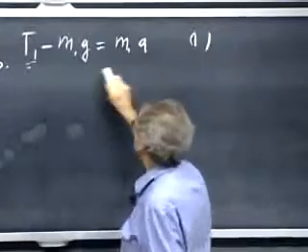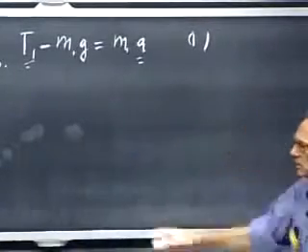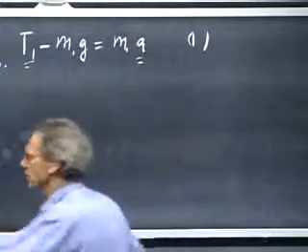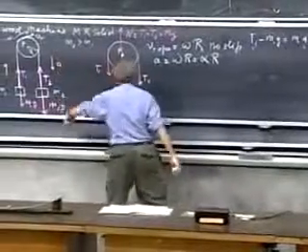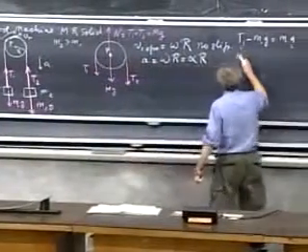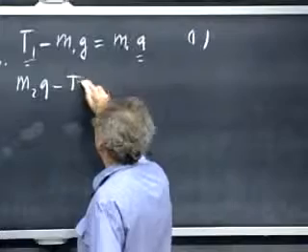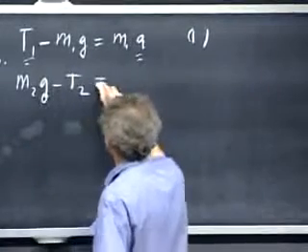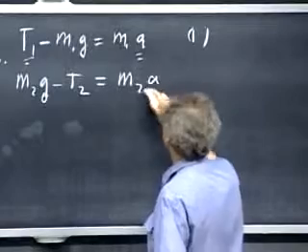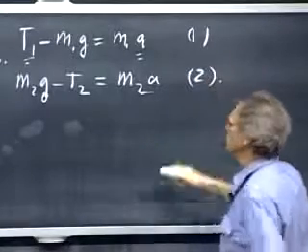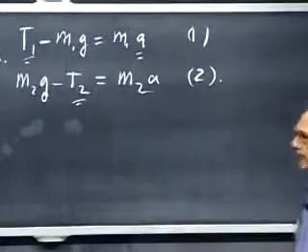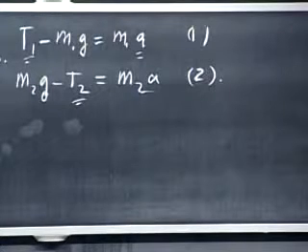I don't know what T1 is, I don't know what a is. Second equation for this one. I call this the positive direction. m2g minus T2 must be m2a. Second equation. One unknown has been added. So I need more. Of course I need more.